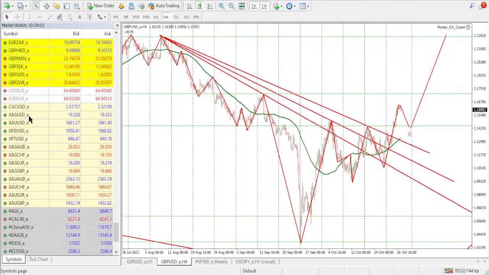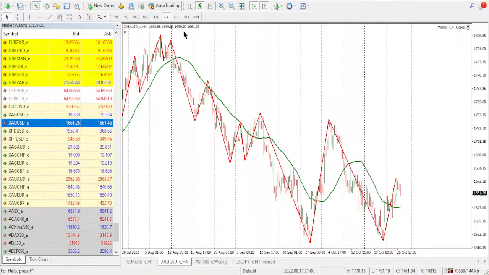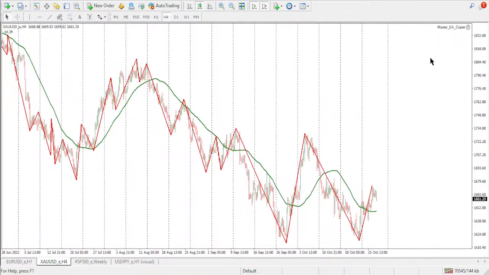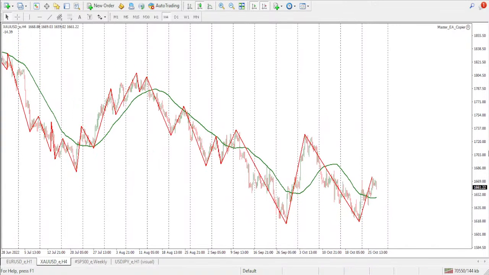I'd like us to look at gold. With gold so far, it also looks like the price is in some downtrend. We've not seen any break of that downtrend. This is the zone we are looking at.